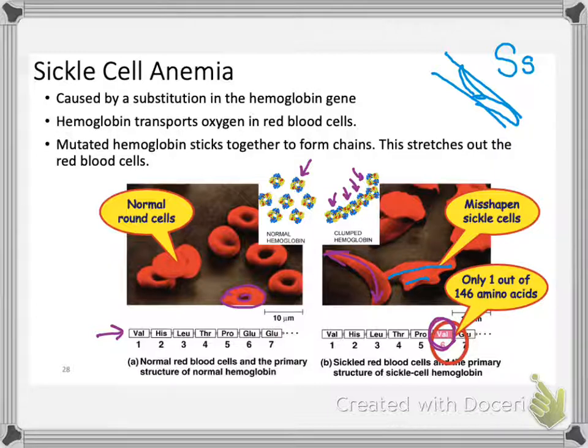You see both. You see some normal red blood cells, but you also see some sickle cell ones. Not enough to cause a lot of these blood clots, but enough to prevent malaria infection.